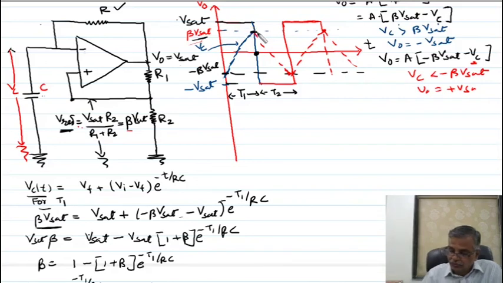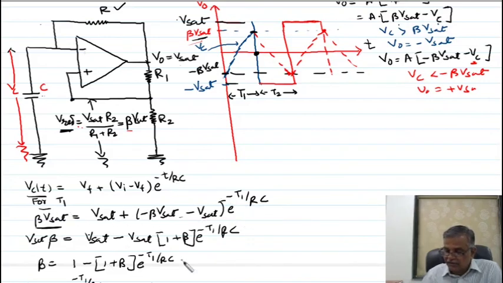So this equation I have written. Here initially you know this, but at time t1 the voltage is how much? Beta V sat. What is the final voltage? V sat. What is the initial voltage? Minus beta V sat. Exponential change.